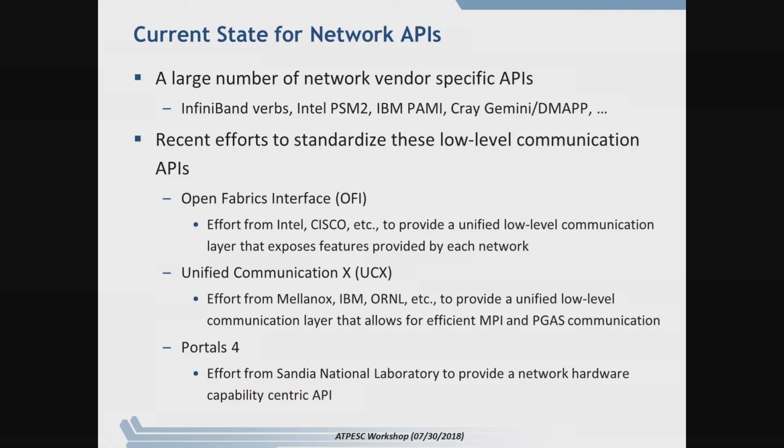And then the third one here, which is a little bit different than the previous two, is Portals 4. This is a project from Sandia National Laboratory. This is really more of a hardware specification than a network API. Portals 4 describes essentially the features that an HPC network should provide in order to support all the applications that are going to run on it.